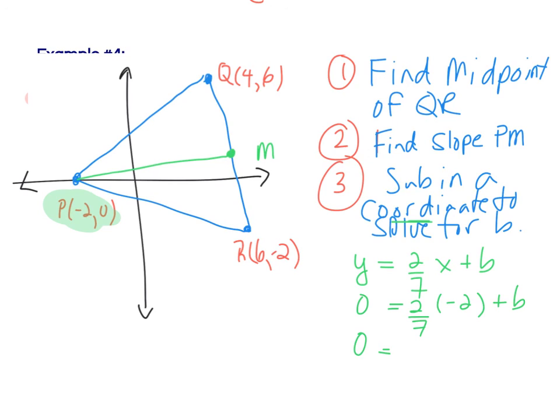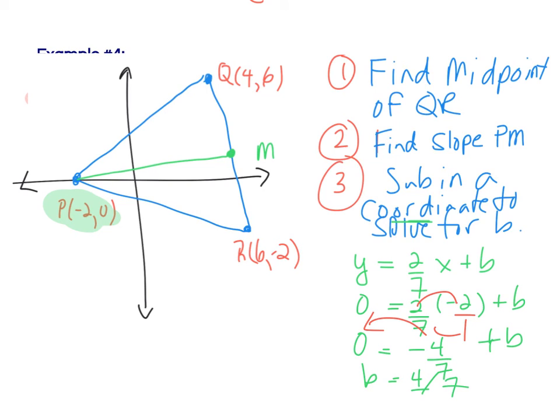So remember, I'm just going to multiply this fraction. That's going to give me -4/7, just multiplying the 2 times the -2, remembering this is like a fraction over 1, and then plus b. So now I'm going to isolate b by taking this -4/7 and moving it to the other side, and that will give me that b is equal to 4/7.